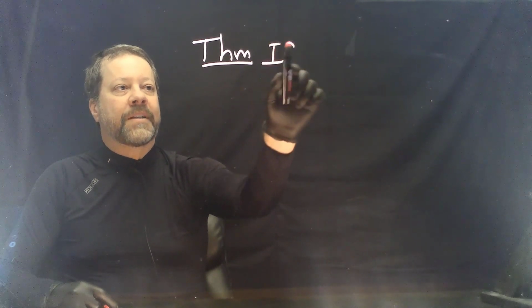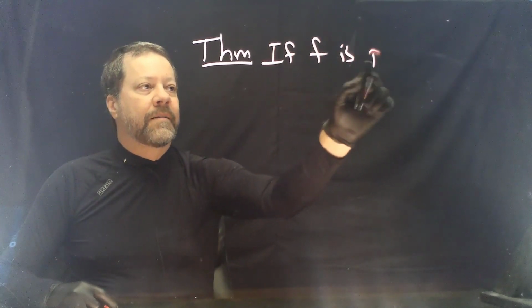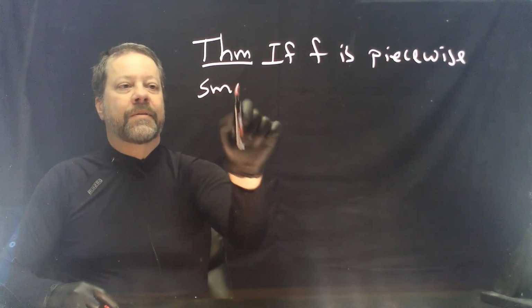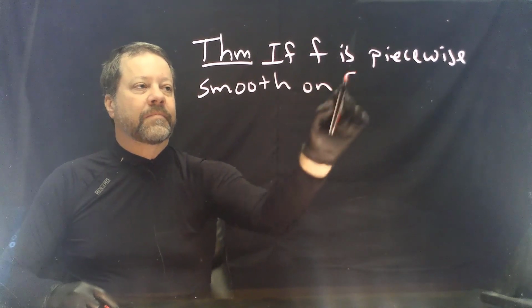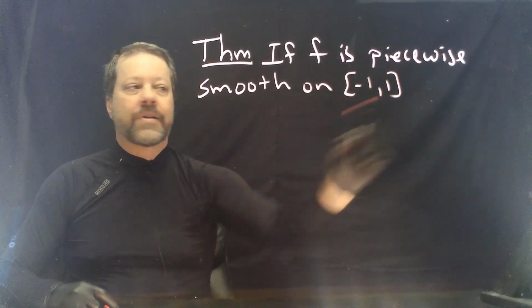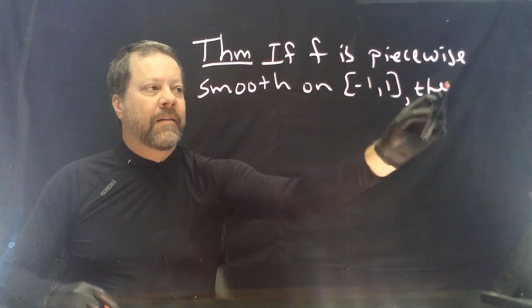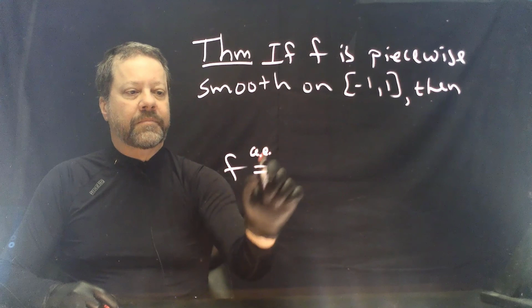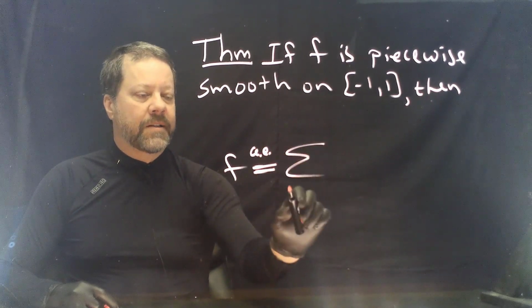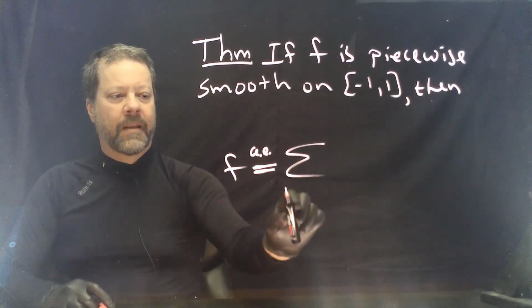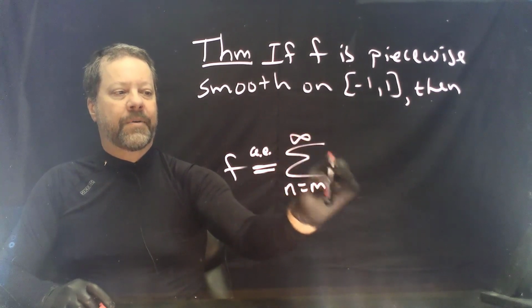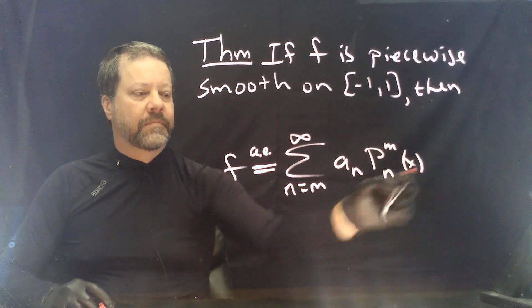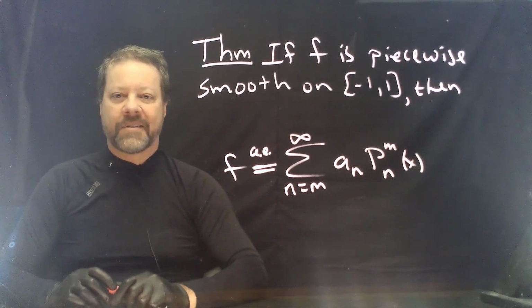And the theorem is that if f is piecewise smooth on the closed interval from -1 to 1, then f is, in the sense almost everywhere, the sum as n goes from m to infinity of a_n Pnm of x.